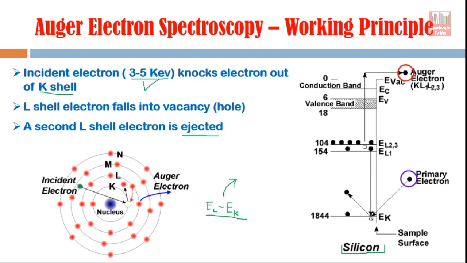Now in order to fill this vacancy, another electron from a higher level, for example in this case from the EL1 level, goes down to the K level. The energy which is emitted because of this transition from the higher level to the low level is EL1 minus EK. So this much energy has come out in this transition, and this energy is used to eject another electron from the L level itself.